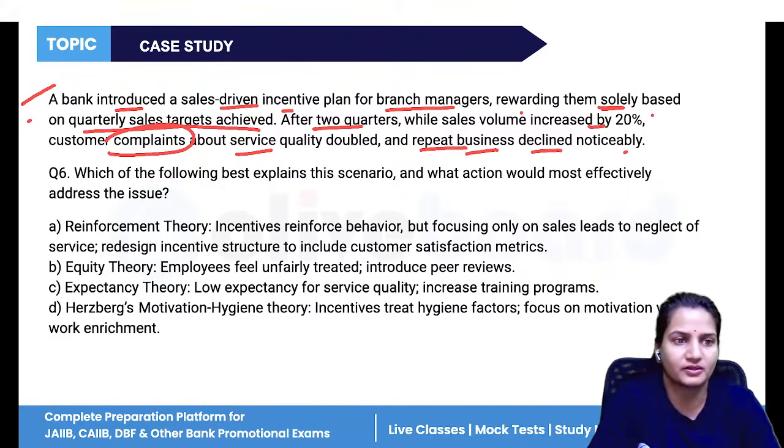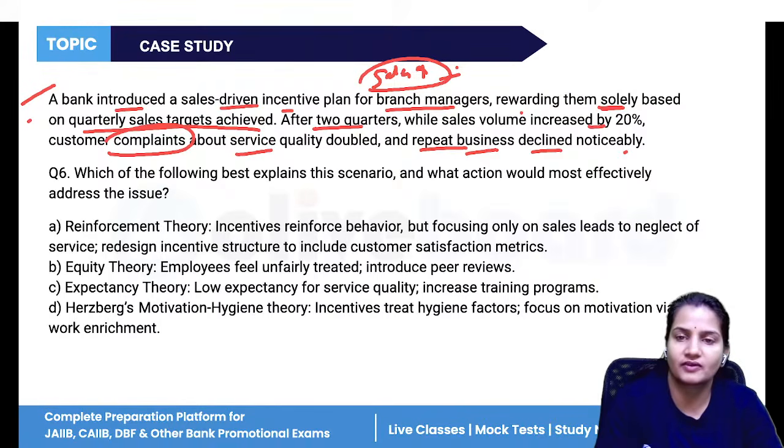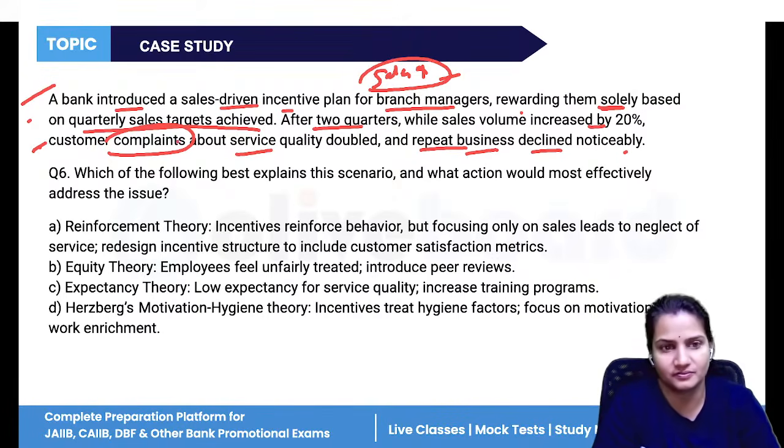So this is also noticed. The target was to increase more and more sales, and when they focus on quantitative factors, they ignore qualitative factors as well. Now, which of the following best explains the scenario?